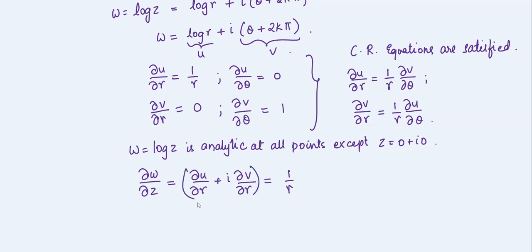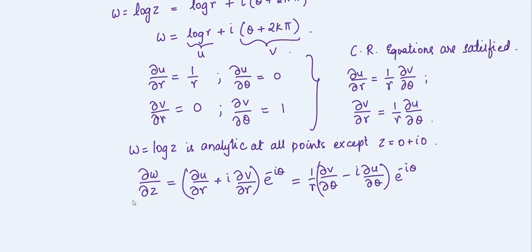The derivative, if we do by that method, it is this one. Or it is dou V by dou theta, 1 by R, minus i times dou U by dou theta, e power minus i theta.